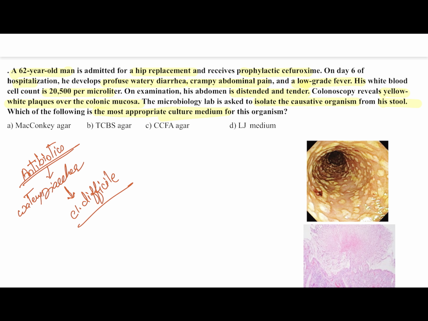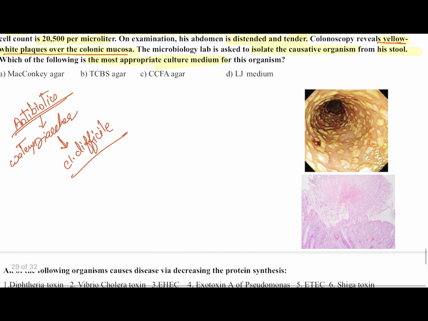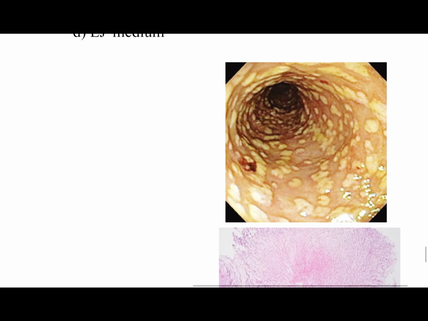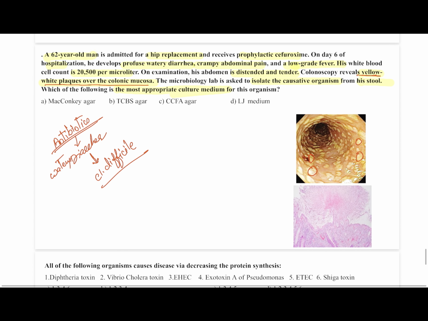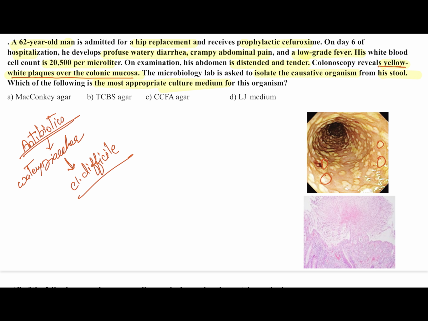Since it mentions that colonoscopy shows yellowish white plaques on the colonic mucosa, it means it is pseudomembrane. So in the colon when you do colonoscopy, you will find this membrane present on the colon, so it is pseudomembranous enterocolitis. So what is the culture media for this one? We use CCFA.